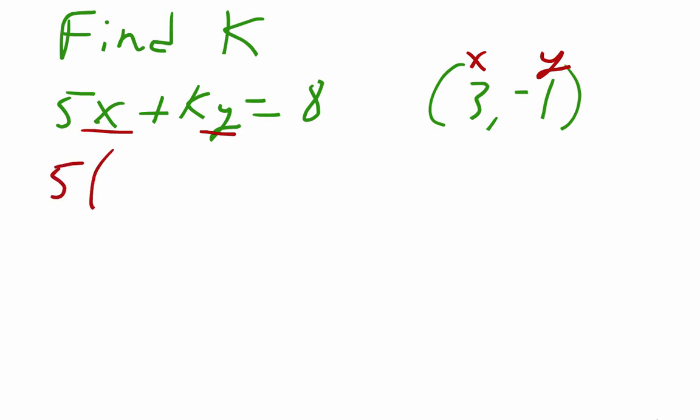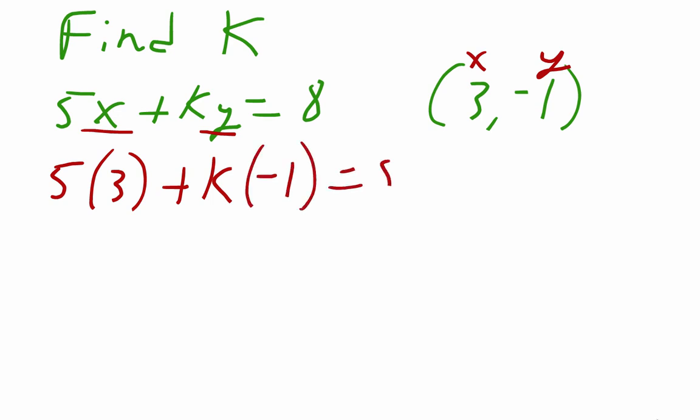So 5 times my x, which was 3, plus k, I don't know what that is because I'm trying to figure that out, times y, which is negative 1, equals 8. So I have 15. K times negative 1 is negative 1k, so minus 1k equals 8.